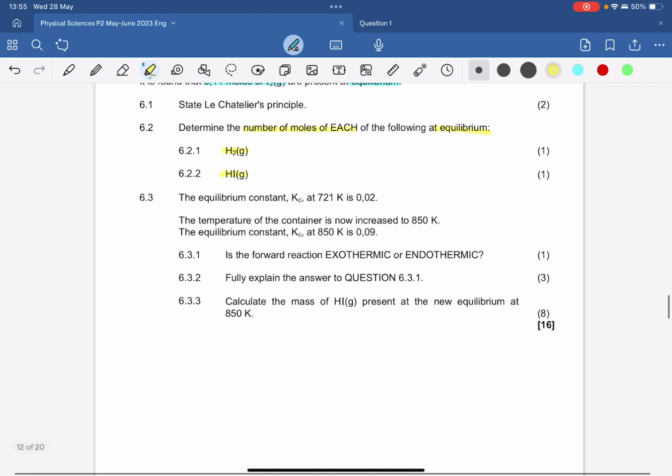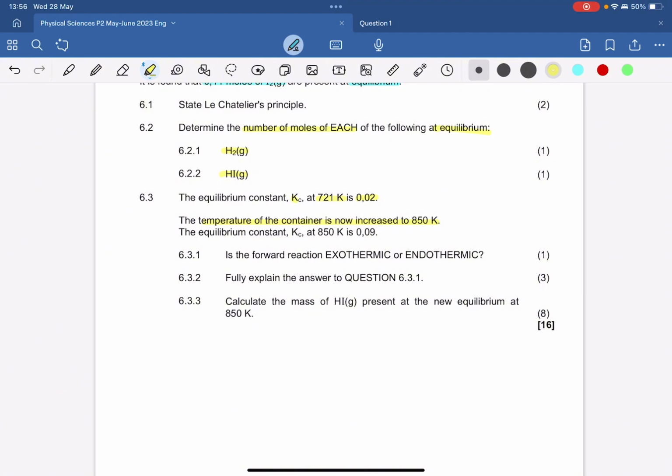6.3 is quite interesting. We're told that the equilibrium constant Kc at 721 Kelvin is 0.2. And we're told that the temperature is now increased to 850 Kelvin.